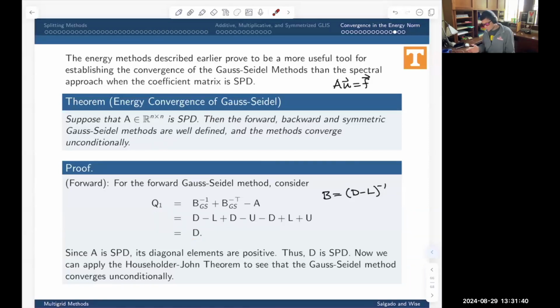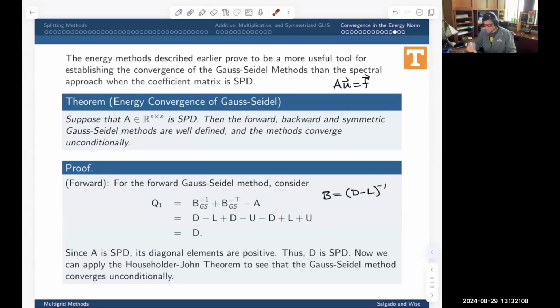Well, it's a diagonal matrix with positive diagonal entries, and so it's almost trivially symmetric positive definite. So that means that we can use the Householder-John theorem to prove that the Gauss-Seidel method converges unconditionally, right? So that's Householder-John applied to the Gauss-Seidel method. And you can see that the proof took us just a couple of lines.